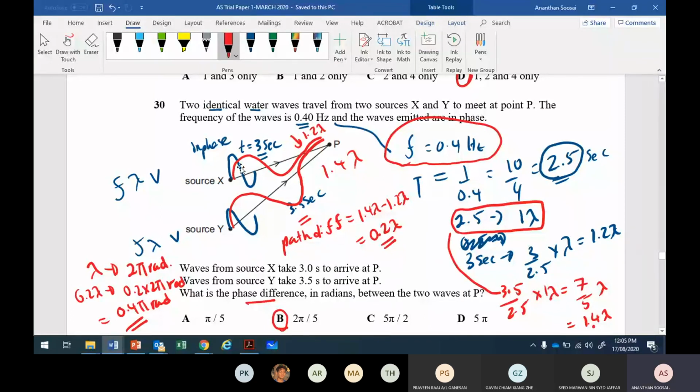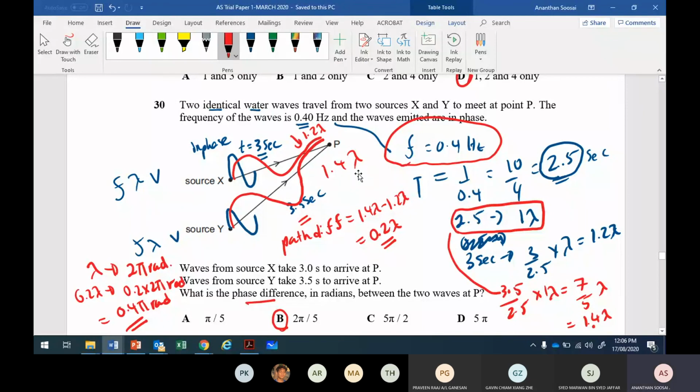So X to P is 1.2 lambda. For Y to P, it took 3.5 seconds. Again by ratio, 2.5 is 1 lambda, so 3.5 over 2.5 times 1 lambda is 1.4 lambda. So Y to P travels 1.4 lambda.